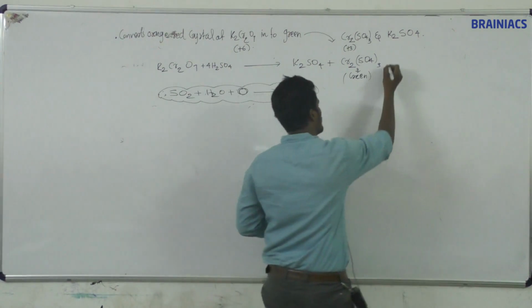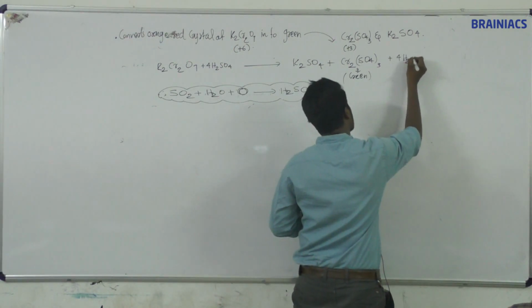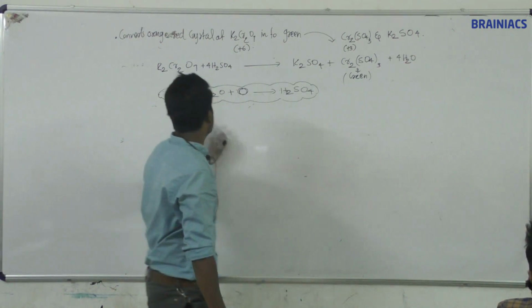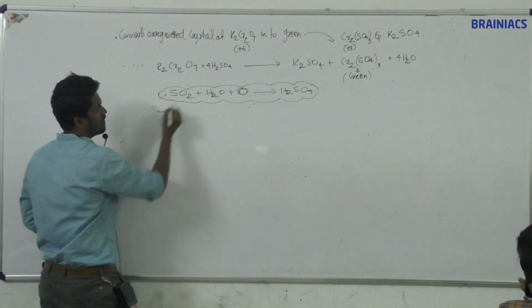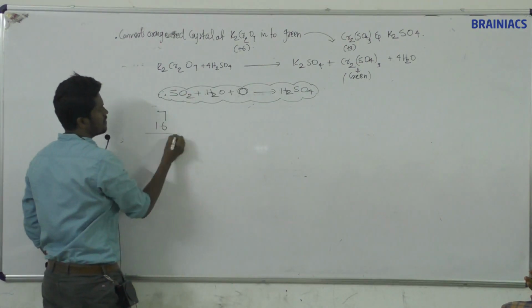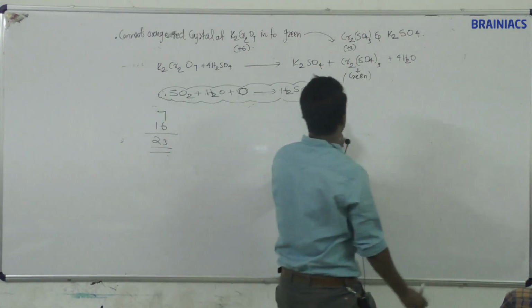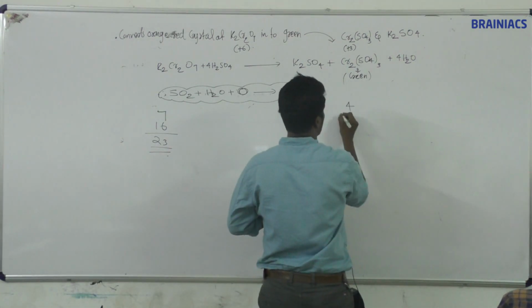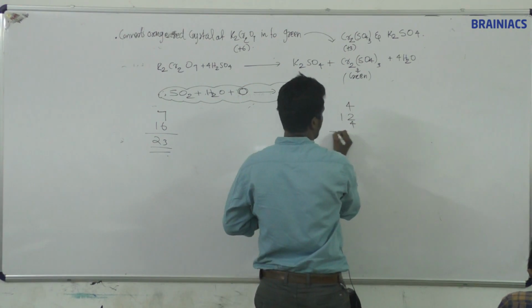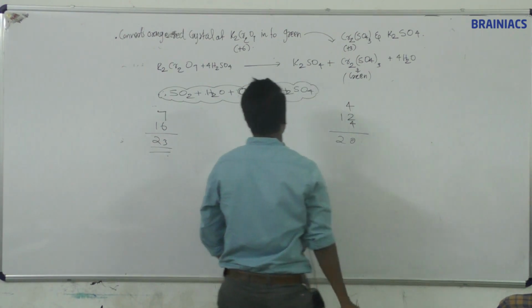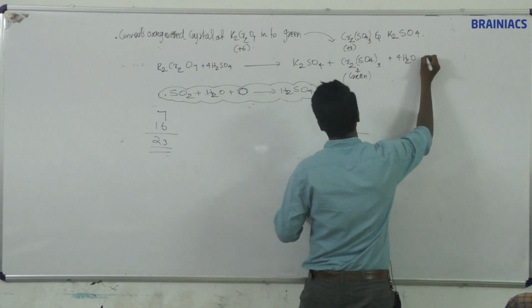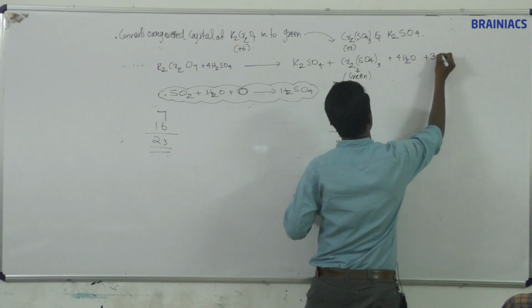How many H2O will be here? 4 H2O. And count the oxygen here: 7 and 6. Next, here 4, 12 and 4, 20. How many oxygen are required here? 3 oxygen are required.